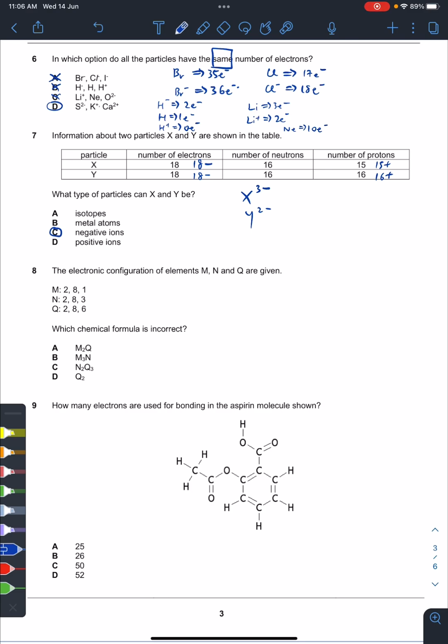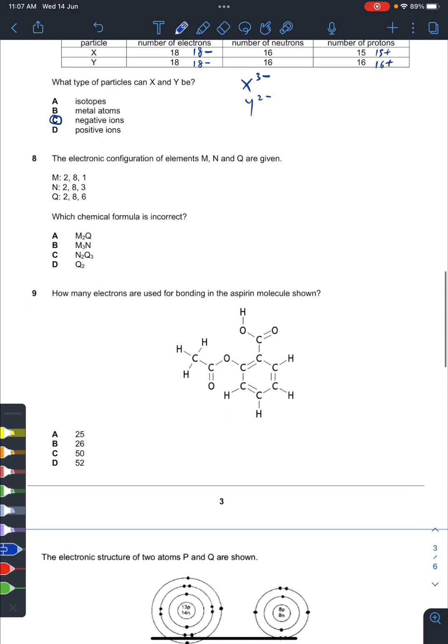Okay, next we will look at, okay, so this is essentially just sodium, aluminium, and sulfur. So you're trying to figure out M2Q, M and Q basically.